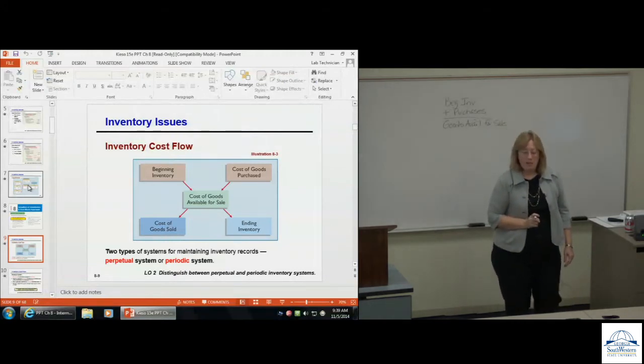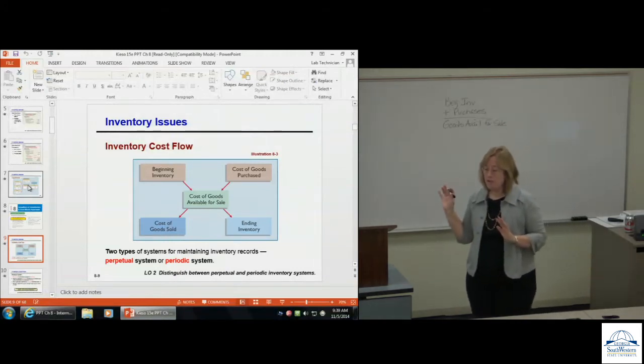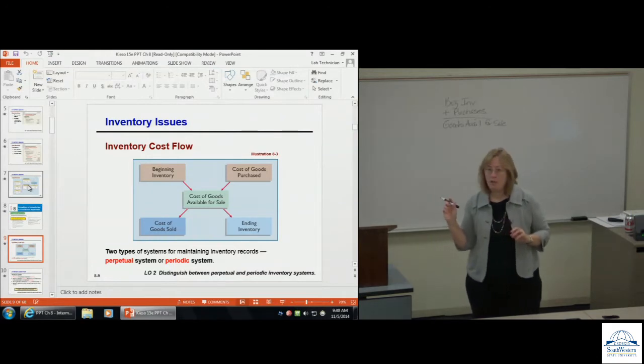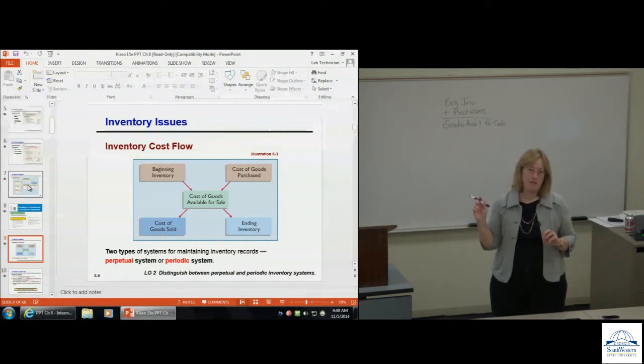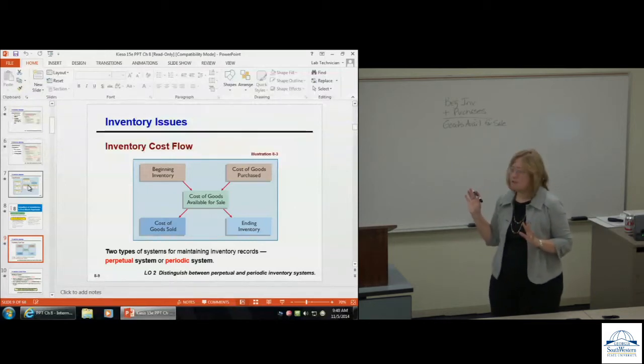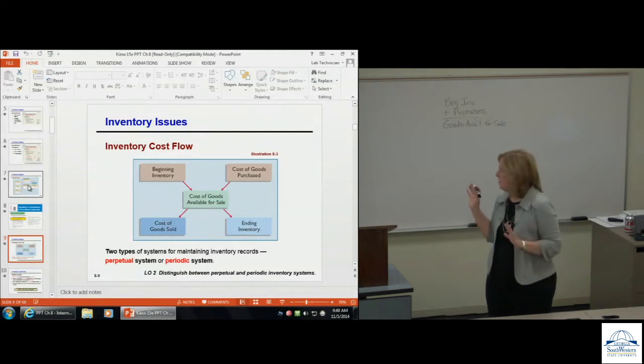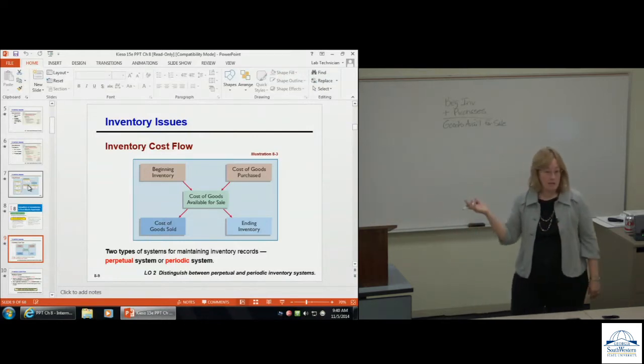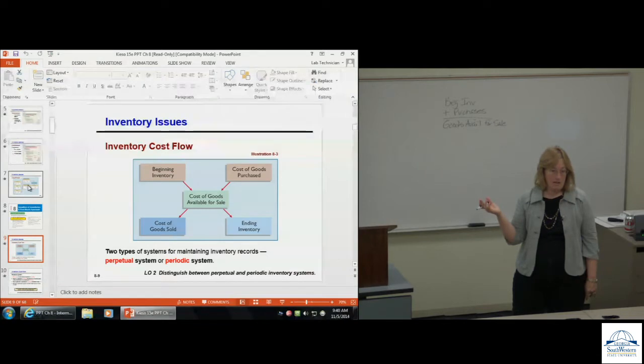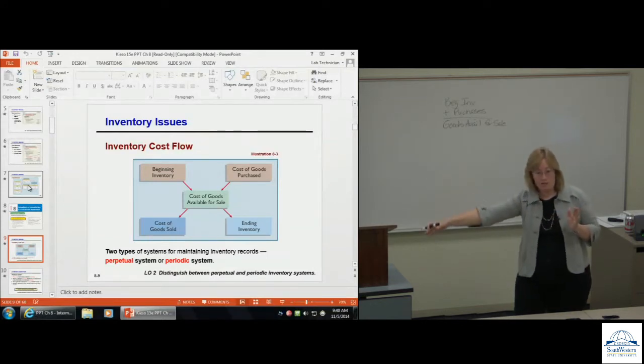So now, all of those goods that were available for sale, what could have happened to those goods, Avery, on the picture? They got sold, in which case they would go in. If they got sold, they would go into cost of goods sold. Goods that are sold, when they're sold, come out of inventory and go to cost of goods sold.